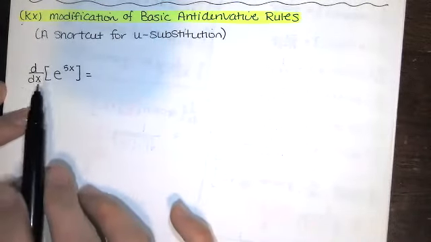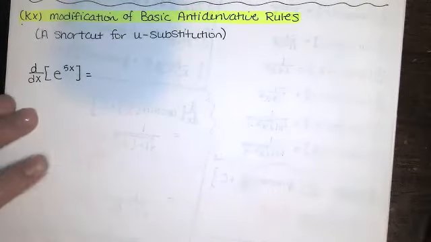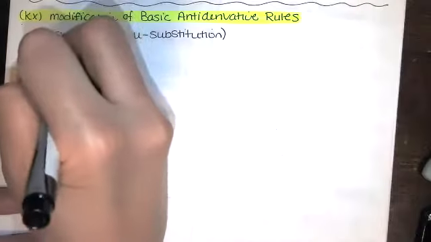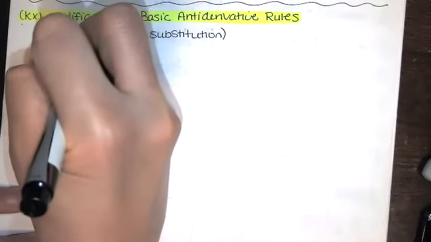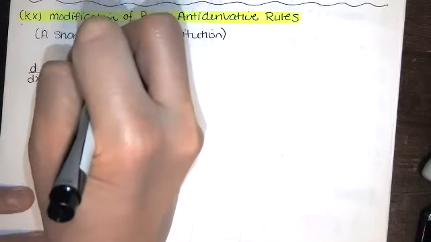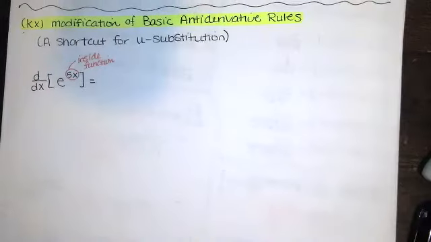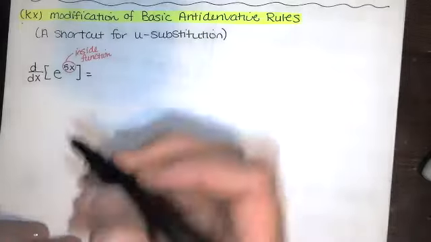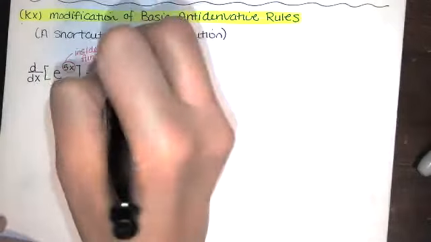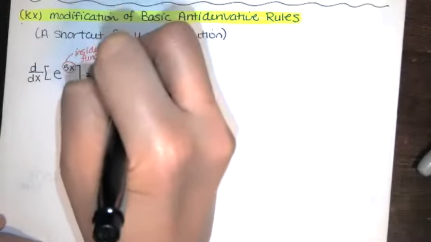If I were to use the chain rule to take this derivative, and that's the appropriate rule, I've got an inside function, and my inside function is 5x. According to the chain rule, the derivative of e to the 5x is e to the 5x times the derivative of the inside.